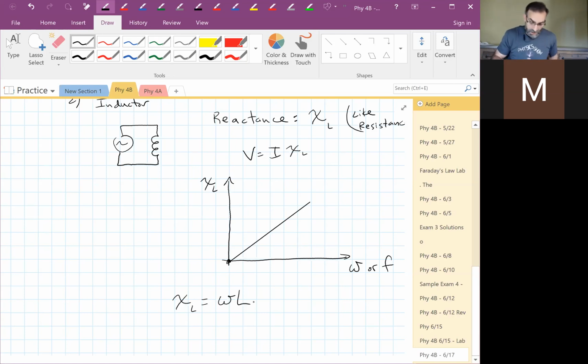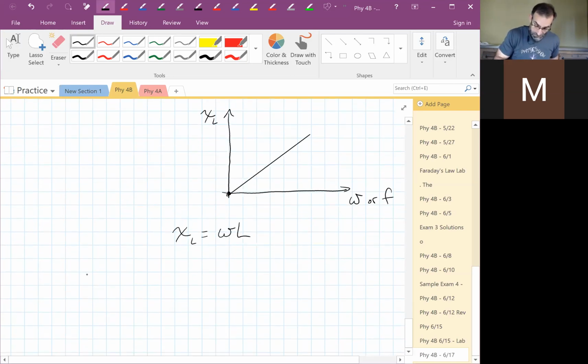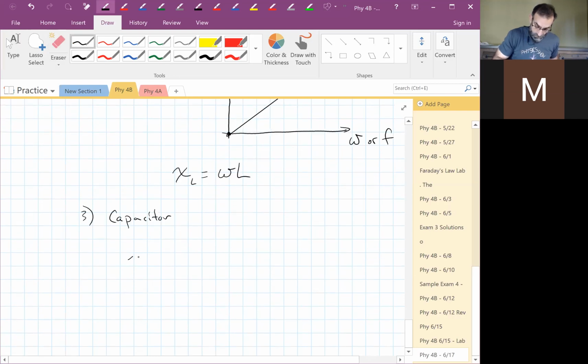One more, right? We've got a capacitor. And we've talked about this before.